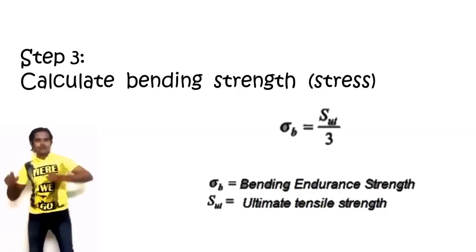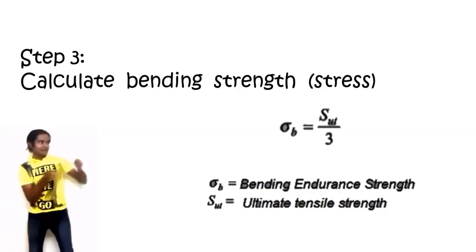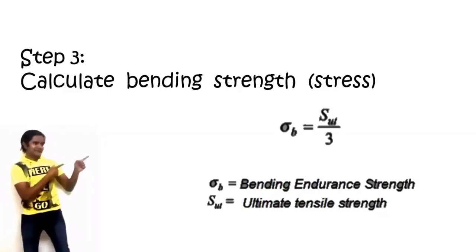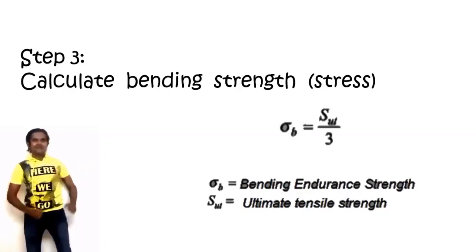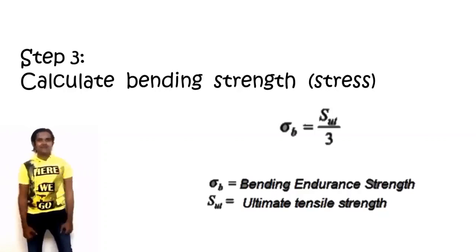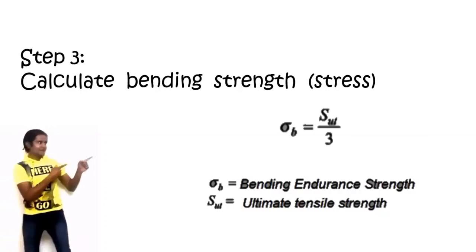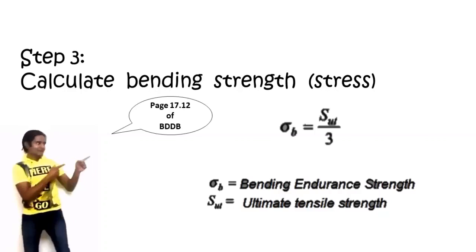But if the material of pinion and gear is different, then ultimate tensile strength for pinion would be different, SUTP, and ultimate tensile strength for gear will be different, SUTG. Then in that case you'll have to use this formula as sigma BP is SUTP upon 3 and sigma BG is SUTG upon 3. This formula you can find on page number 17.12 of Bhandari design data book.